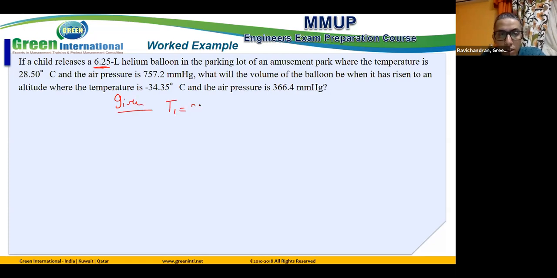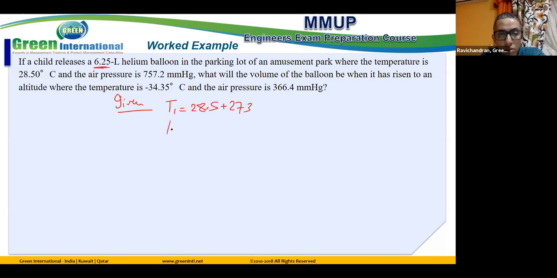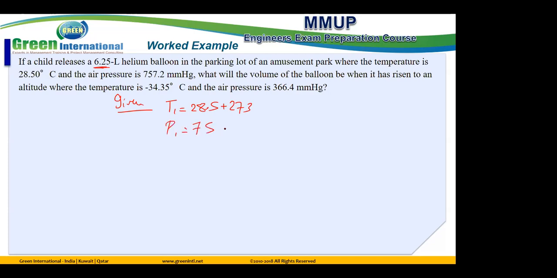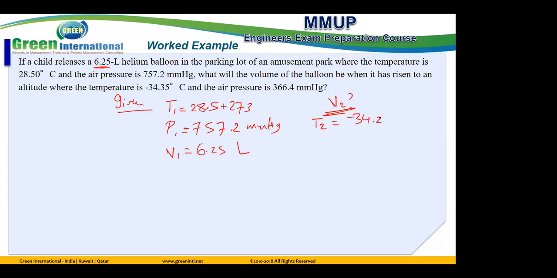T1 equals 28.50 plus 273, and the air pressure P1 is 757.2 millimeter mercury. The volume is required here, V2. And V1 equals 6.25 liter. Another temperature, T2, is minus 34.25 plus 273.